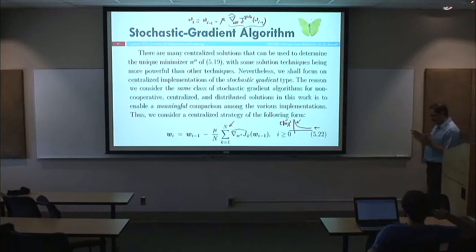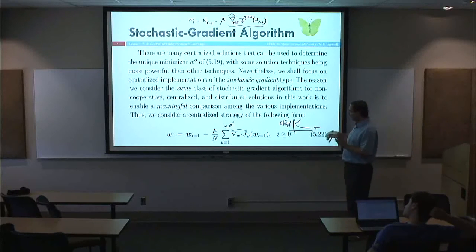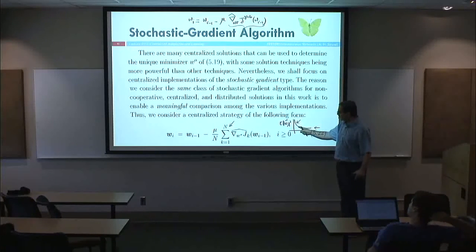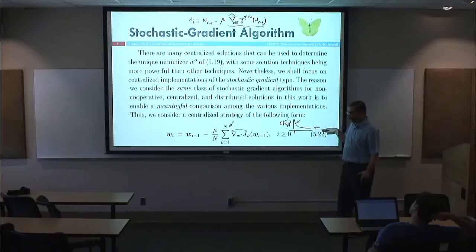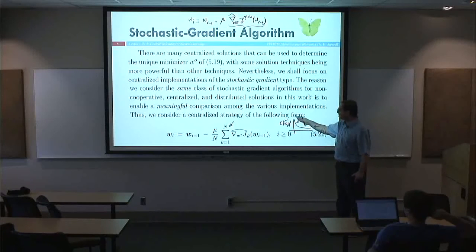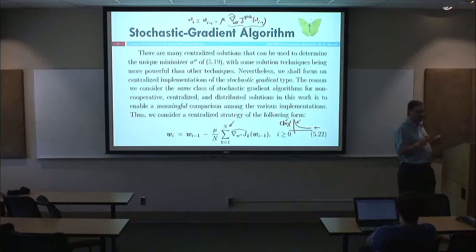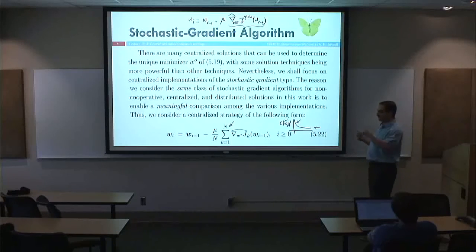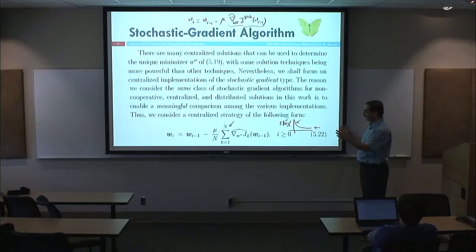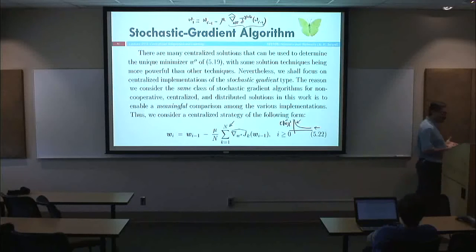So if you want to compare two algorithms against each other, you have to fix one of them and then compare them in relation to the other parameter. If both of them have the same convergence rate, which one is converging to a lower level? Or if I fix the MSD level, which one is reaching that level faster? So when you make comparisons, you have to fix one of these parameters and then compare for the other parameter, for your comparison to be meaningful.